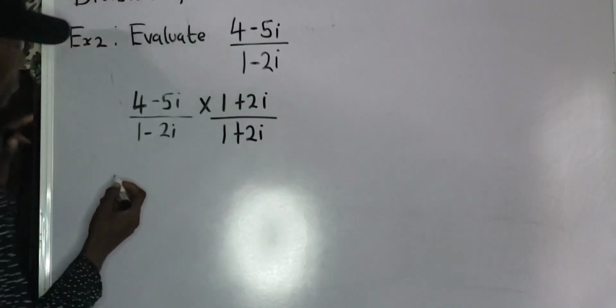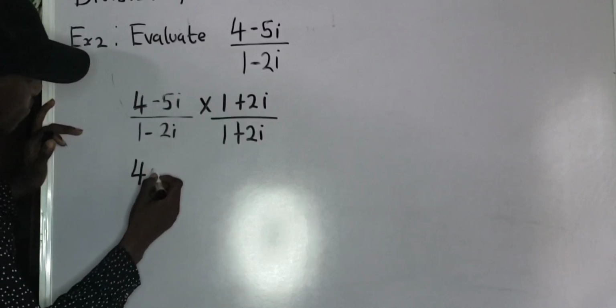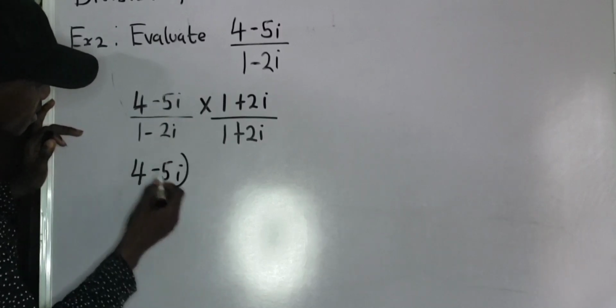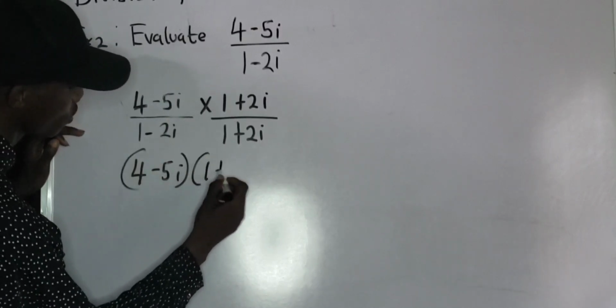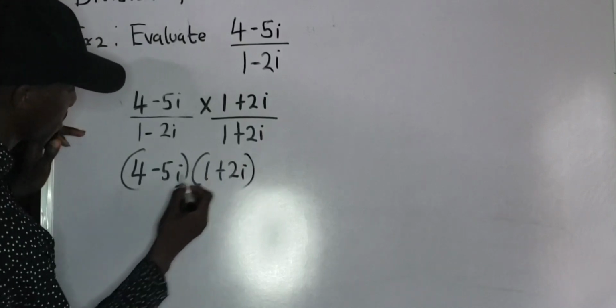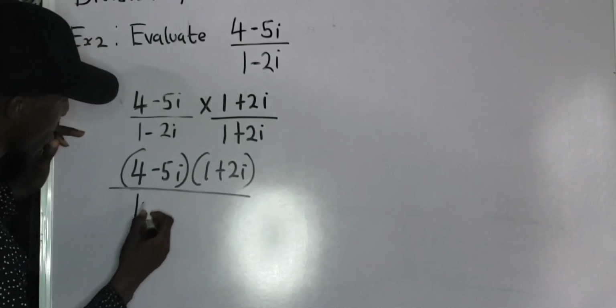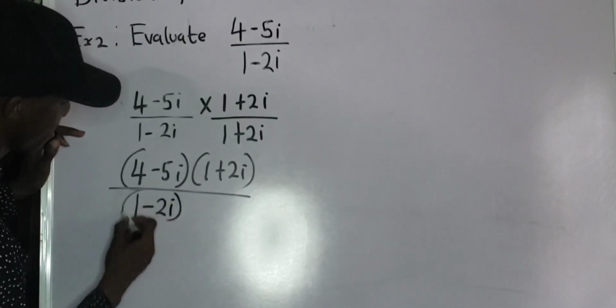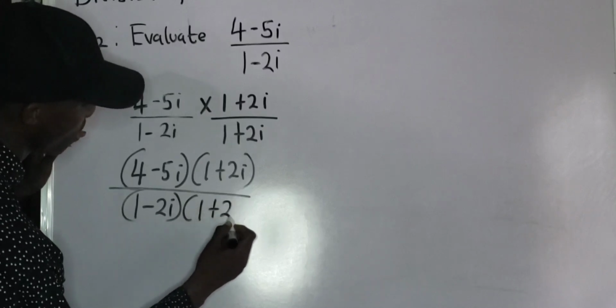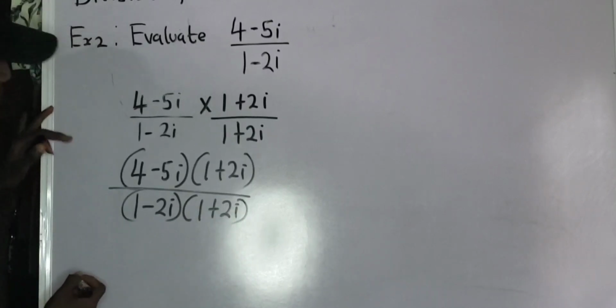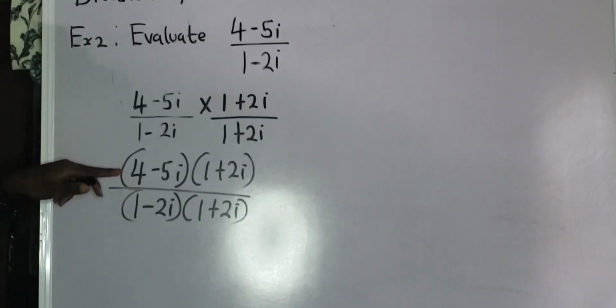You understand? So let us proceed. We are going to have (4 minus 5i)(1 plus 2i) all over (1 minus 2i)(1 plus 2i).